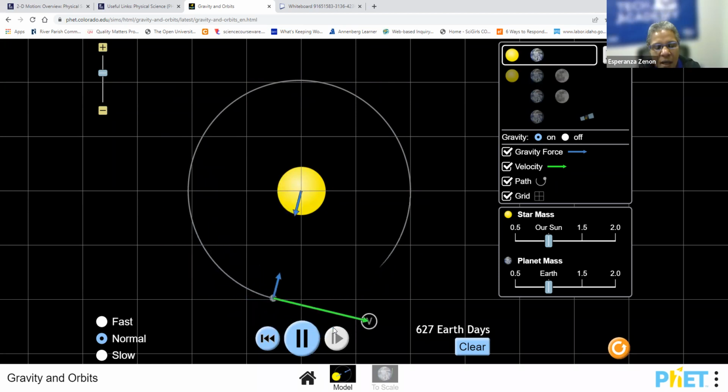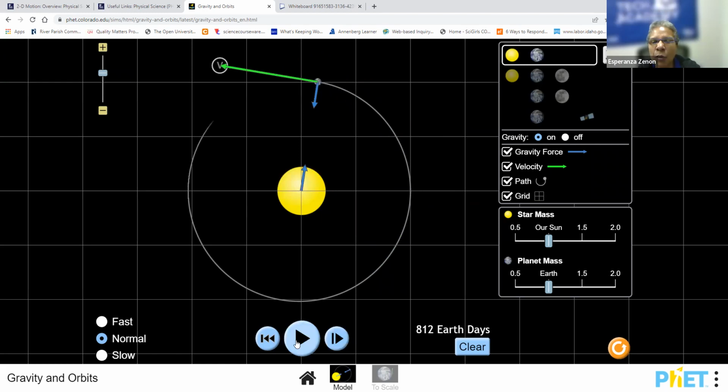But notice what is changing is the direction that the green arrow points in at each instant. If we could just pause it, see in this particular situation, notice the direction that the arrow is pointing. If I let it go a little further, notice that the direction it is pointing in is different.